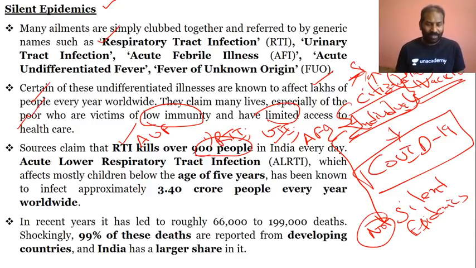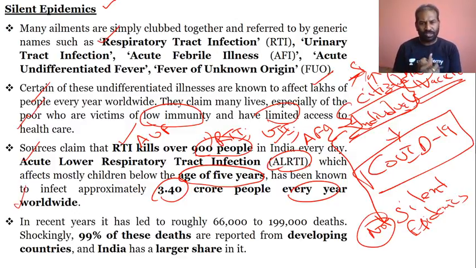We are not really worried about the respiratory tract, the TB, or the acute lower respiratory tract infection, ALRTI. This mostly affects children below the age group of 5 years, and approximately 3.4 crore people are infected every year worldwide, but we do not really focus on it.